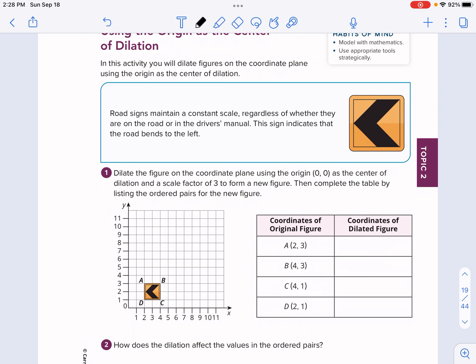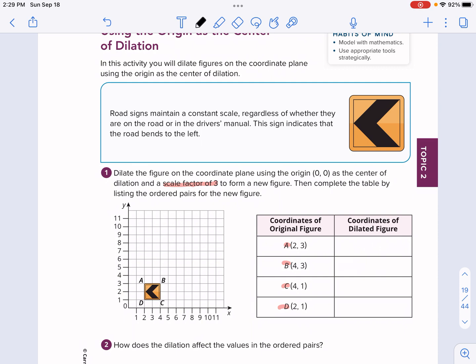Number 1, dilate the figure on the coordinate plane using the origin as a center of dilation. And we're going to now use a scale factor of 3, and then complete the table. So we already have these coordinates written over here. What we're going to do here is put that information that we used to practice.